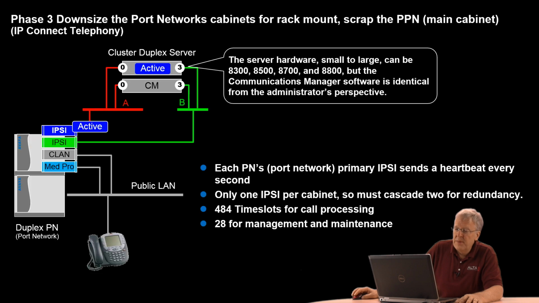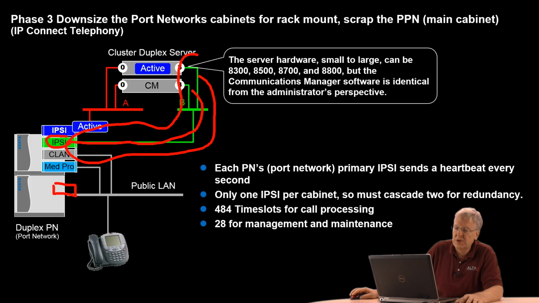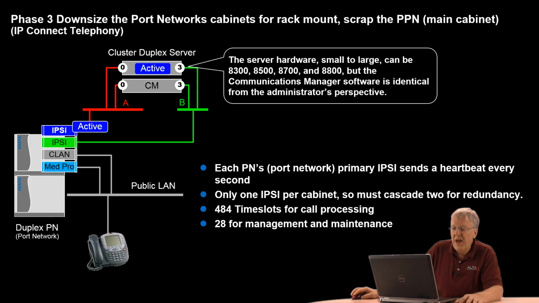And by the way, if we're going to make it resilient, then let's add the second IPSI down here, of course, in the cascaded port network, and connect it to a completely separate Ethernet and switching arrangement, so that if we would lose some portion, it would actually be possible to switch to the other.